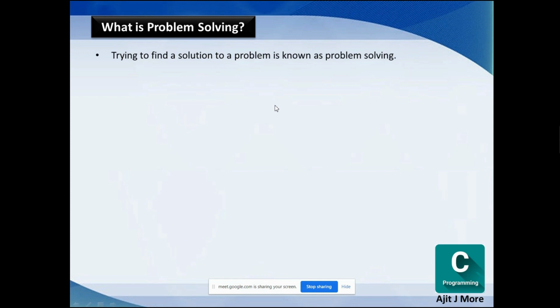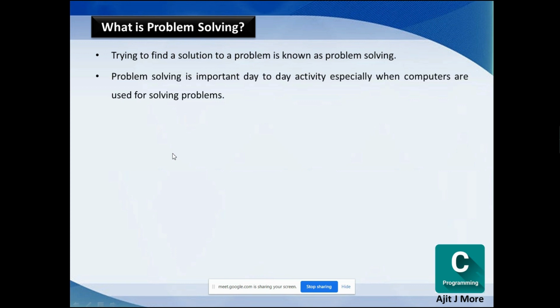So in short, finding the solution to the problem means problem solving. And problem solving is a very important part of computer science. When you have entered computer science, obviously our goal is to find solutions to different problems.